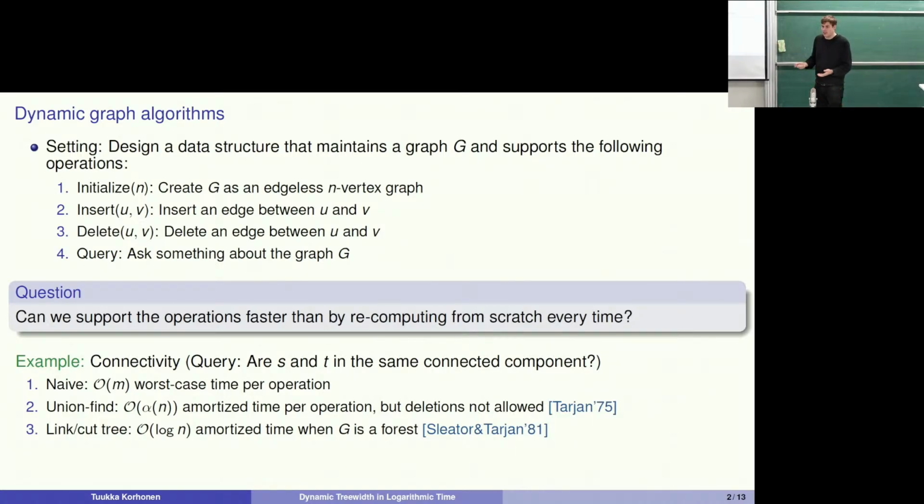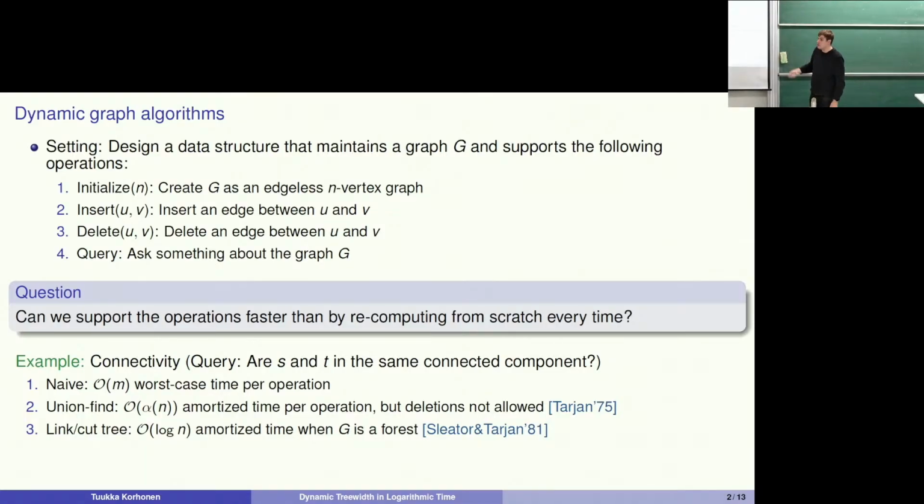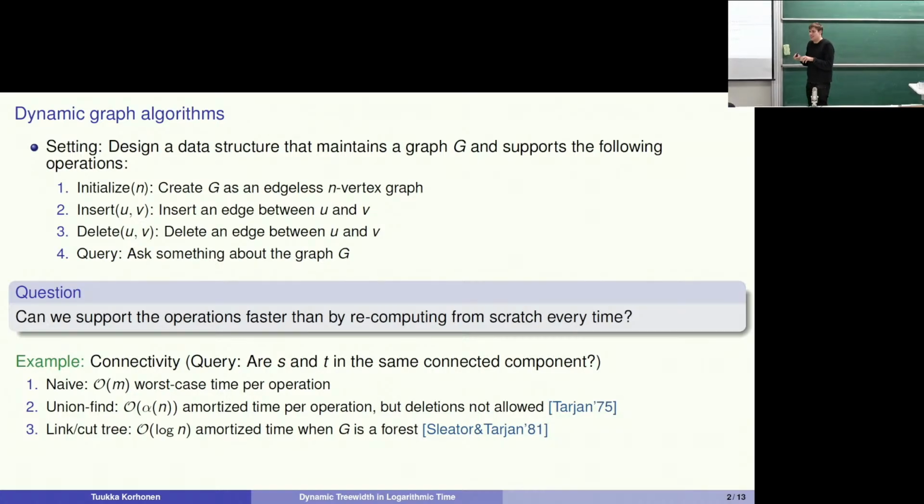Amortized time means the average running time of an operation throughout the algorithm. What do you mean by G is a forest? You mean you want to maintain that the graph is a forest all the time? Let's say we want to do dynamic connectivity under the assumption that the graph stays a forest, that the user of the data structure never adds so many edges that there will become a cycle.